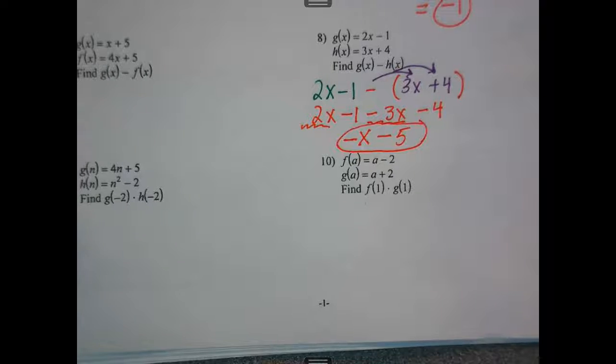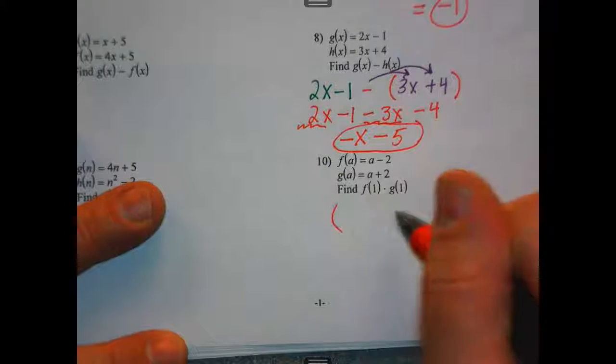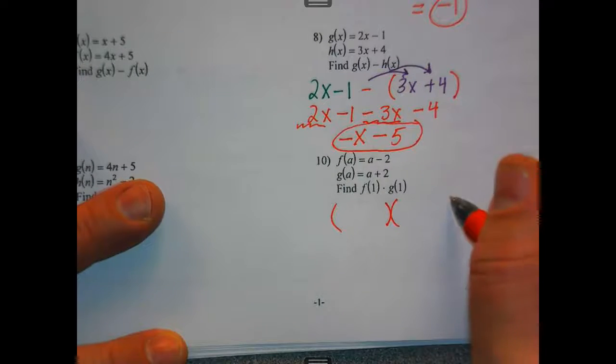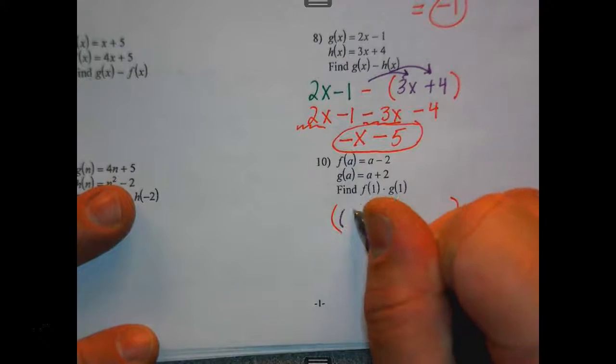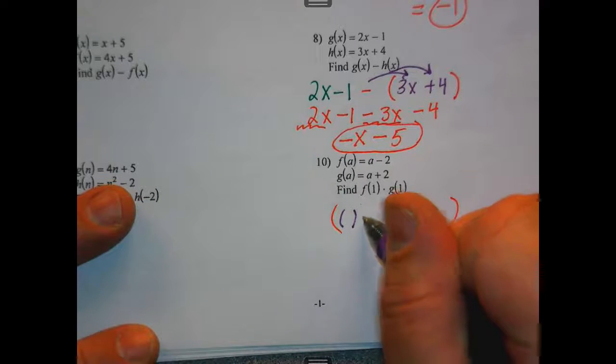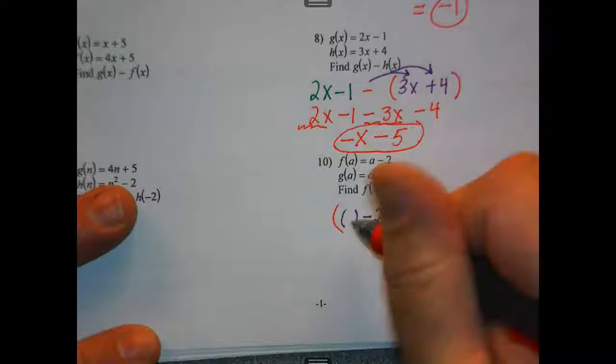Okay, number 10. This time we're multiplying and evaluating. So, multiplying, I'm just going to put parentheses here for multiplication. The f of 1, let's see, I'm going to need parentheses for the a minus 2, and my a is 1.